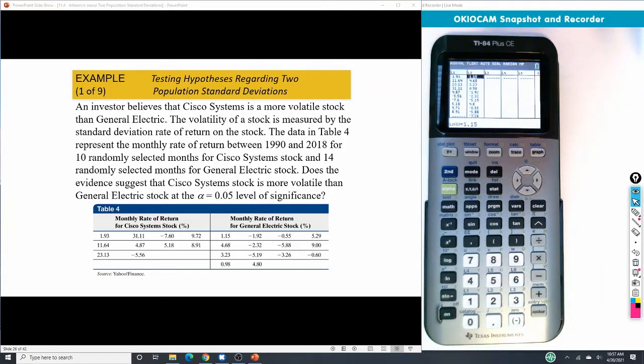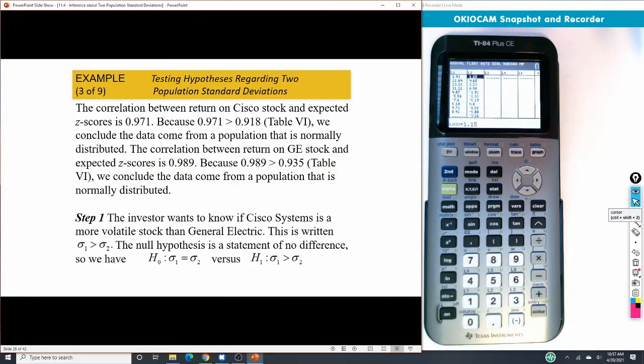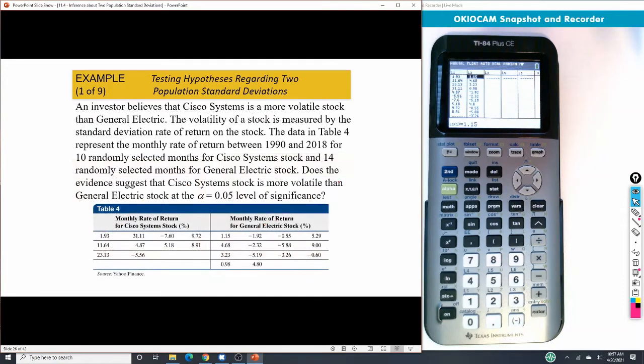Because when we go back and read our piece, it wants to know if it is greater. Does it suggest that Cisco stock is more volatile than General Electric? So more than. It's going to be a greater than.